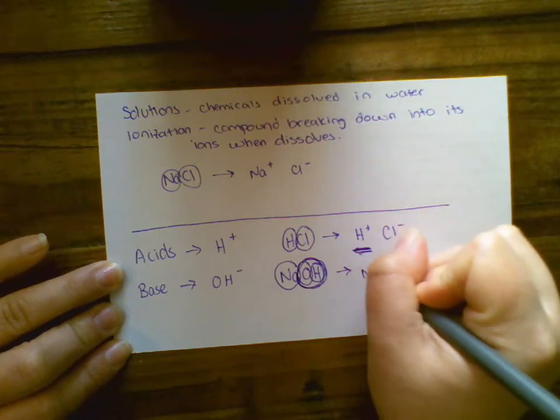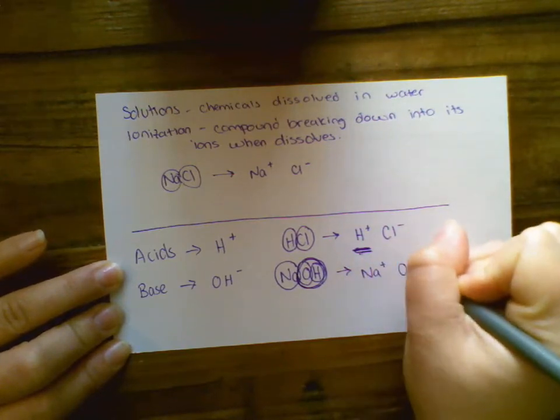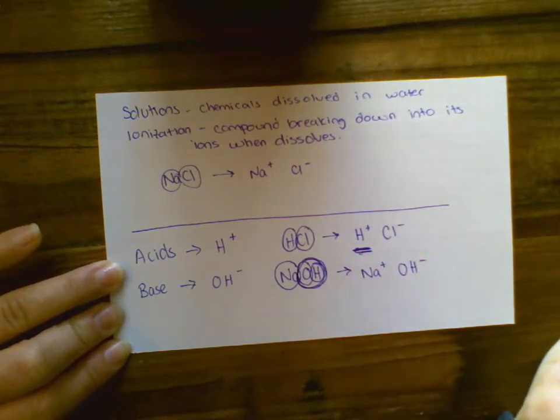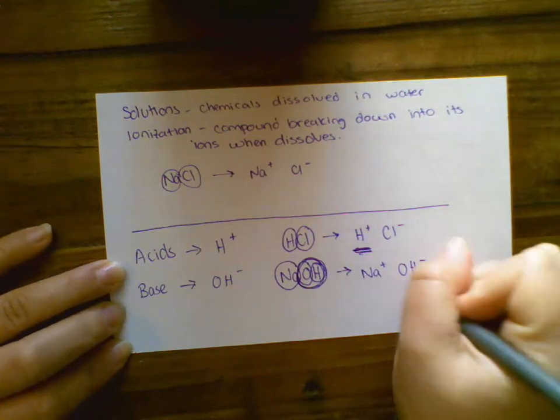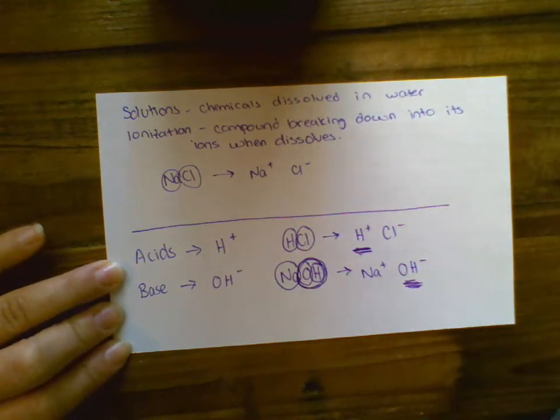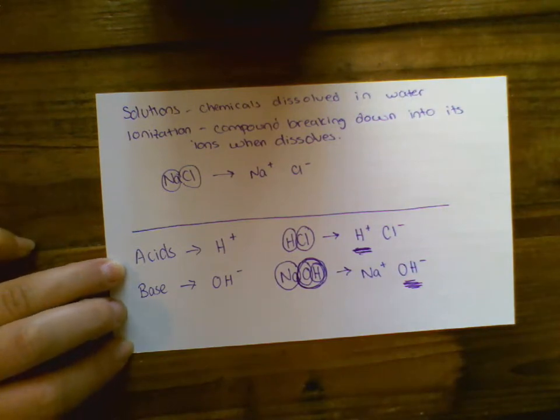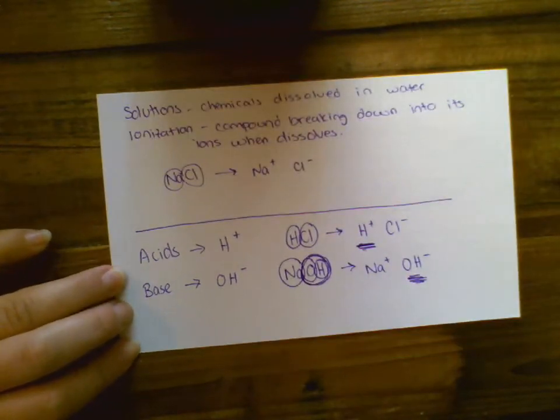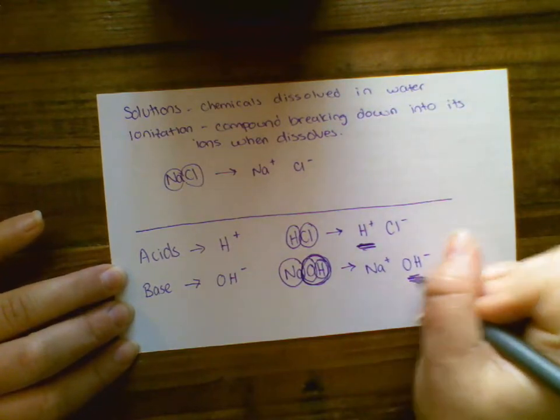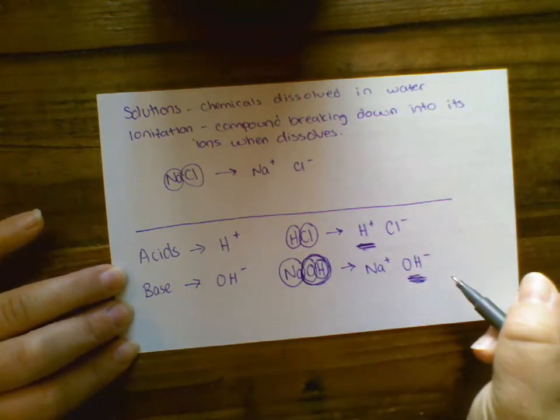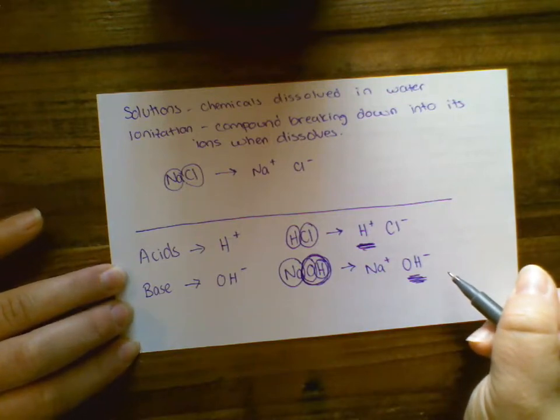You're going to have Na plus and OH minus. Okay? Here, this OH minus is what's important for the base. When you saw yesterday on the video, you saw those bases changing the color of the indicator. It's because of the presence of this OH minus that they change colors.